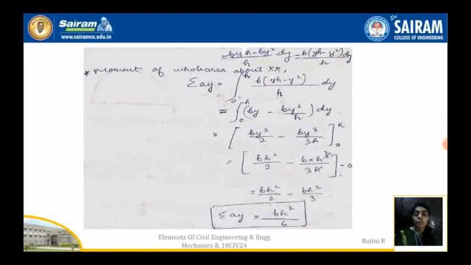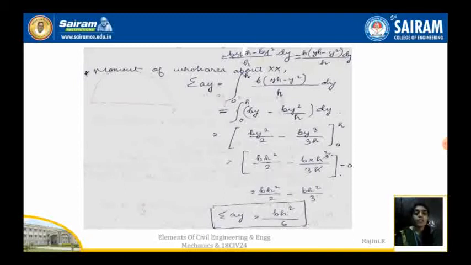Summation of ay is equal to the integral from 0 to h, so you are substituting this with the moment of the elemental area. If you are integrating, you are getting b into (yh minus y square) divided by h into dy. After applying the lower limit and upper limit, bh square divided by 2 minus b into h cube divided by 3h.